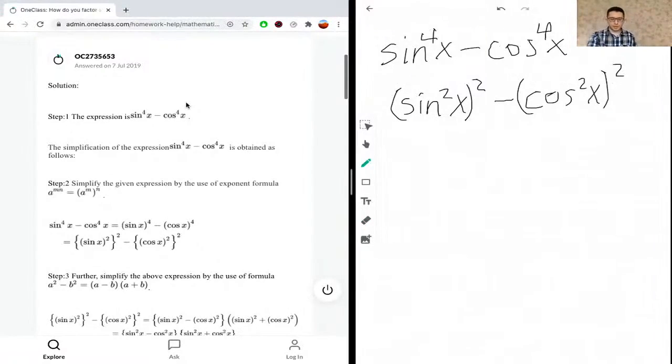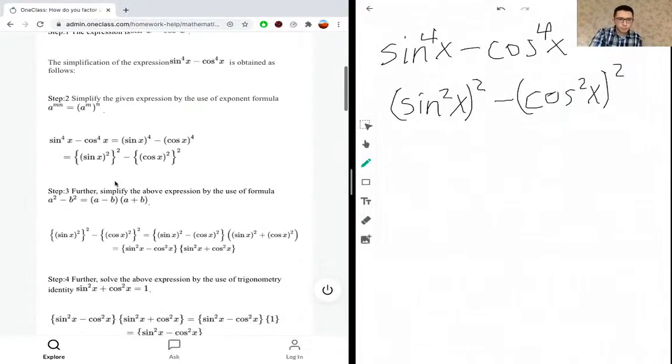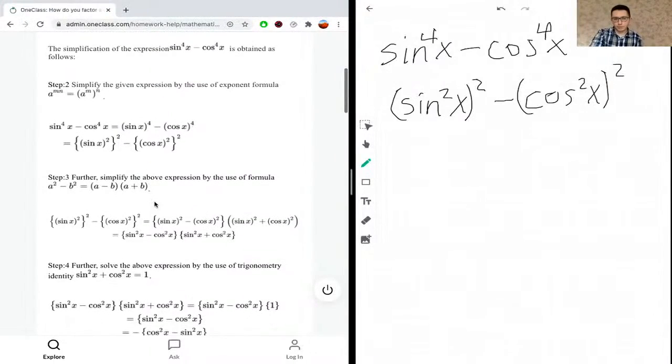Because we expanded it out, it's now clearer why this is a difference of squares. The equation we would be using is the one written on the side here: a squared minus b squared is equal to a minus b times a plus b. That's just the difference of squares equation.